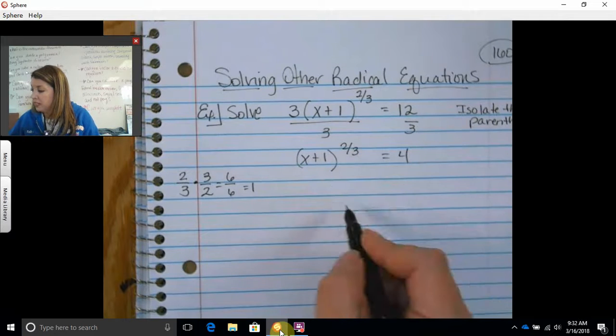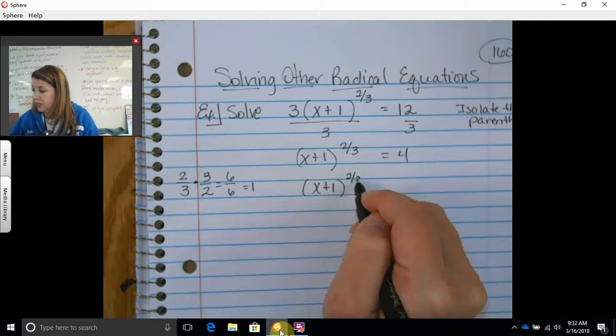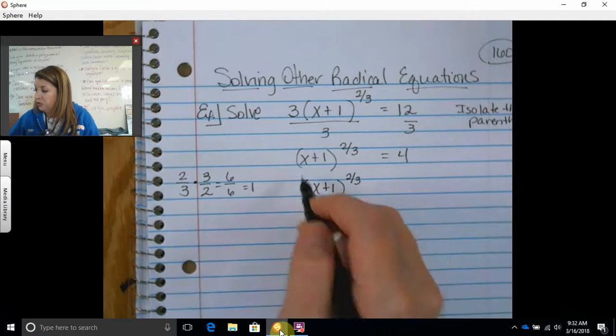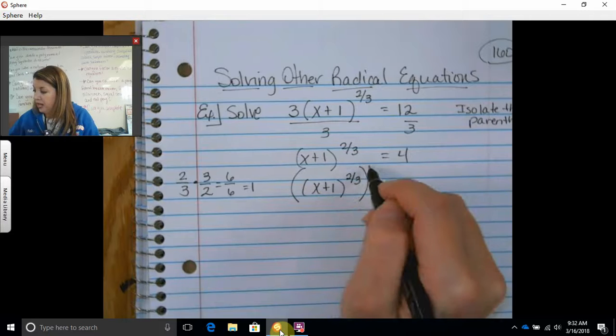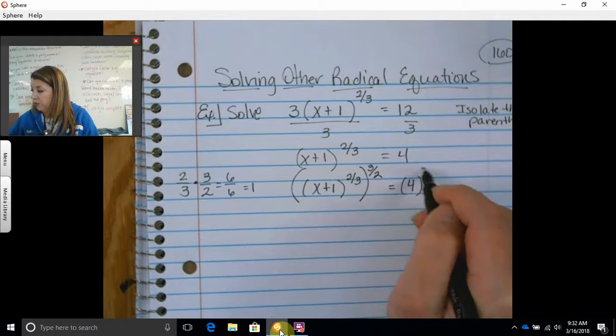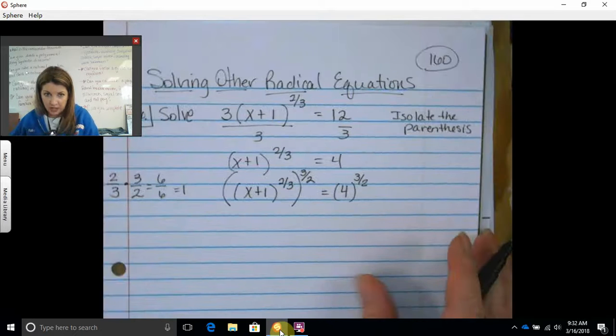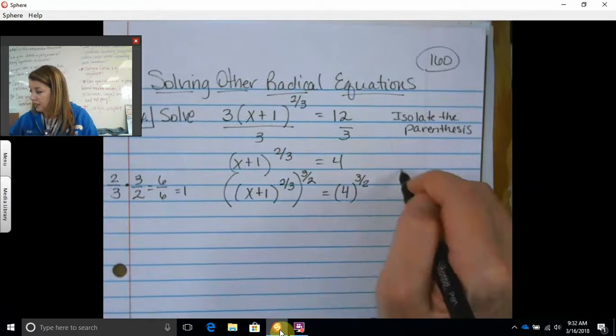So I'm going to rewrite this in another step so that when you go back and look at your notes, you can see how the steps progress. So I'm going to raise both sides to the reciprocal of the exponent. Not multiply both sides, raise both sides.